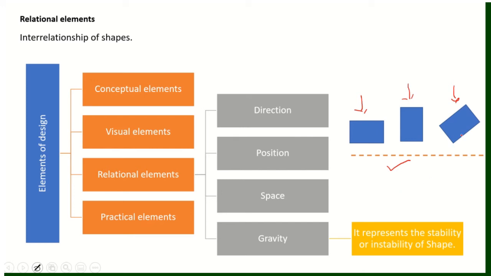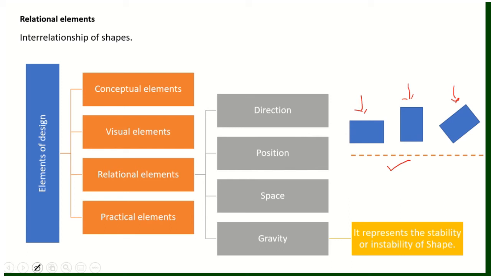And also, in order to lift this object and place or orient it like this, you must have applied some sort of force, right? That is opposite to the gravity of this object.